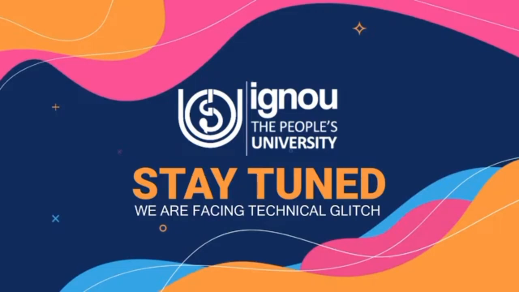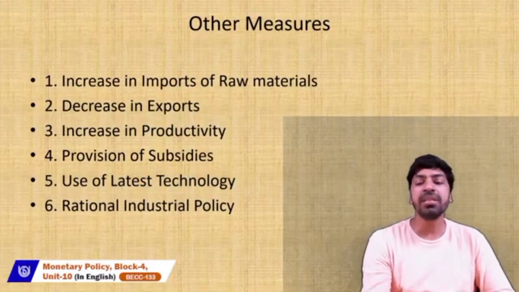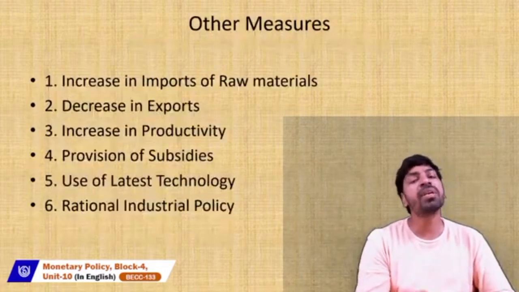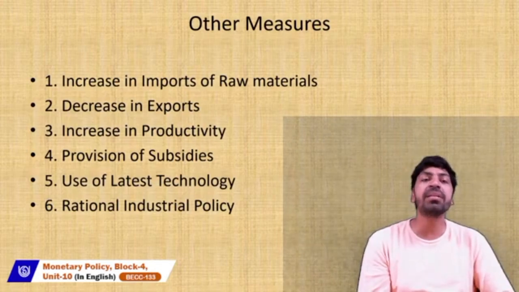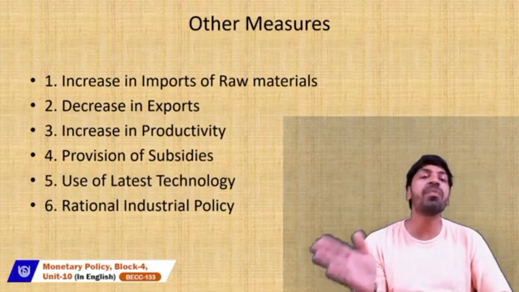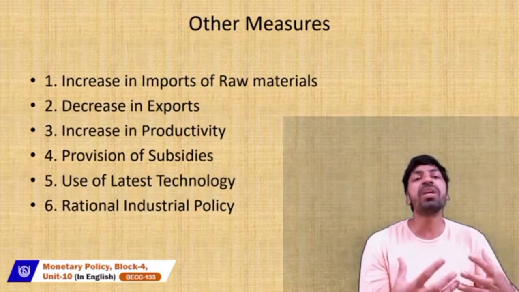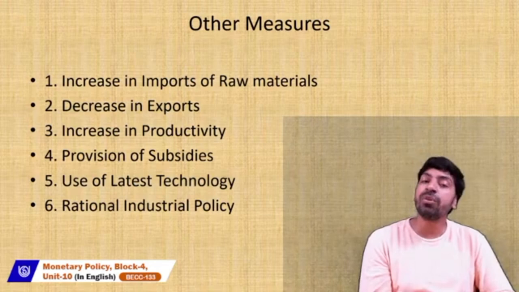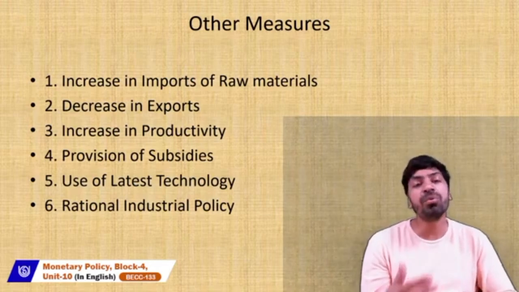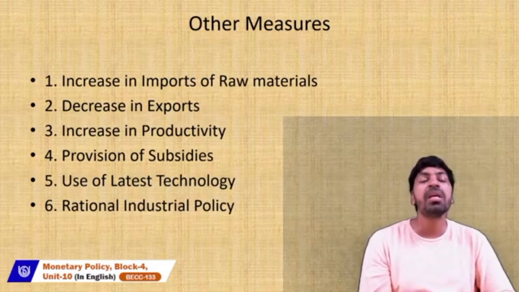When we talk about the other measures of the fiscal policy, one is an increase in imports of raw materials. Whatever raw materials we use for any type of construction, the rate of imports could be increased through the use of fiscal policy.